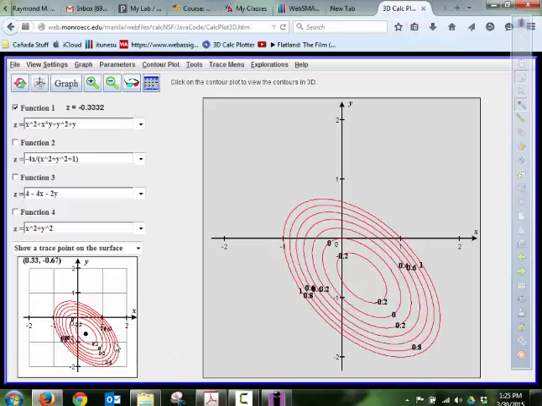So somewhere over there, right in the middle of those concentric ellipses would be our maximum or minimum in this case. Look, 0.33 and negative 0.67. So that's your critical point from your function. All right, good.